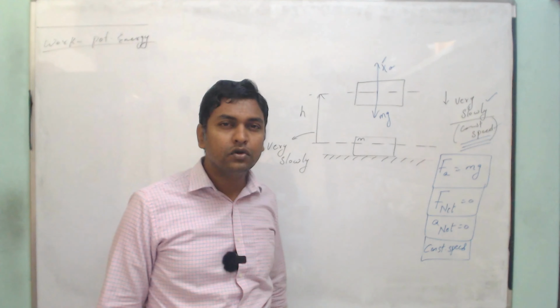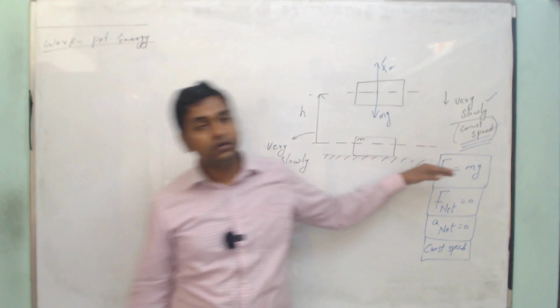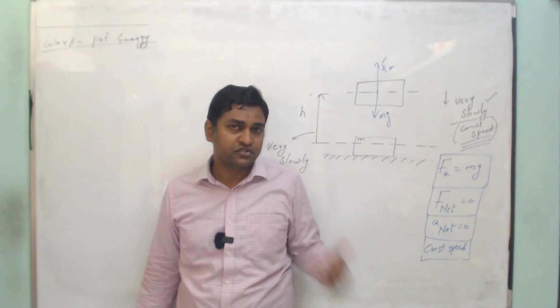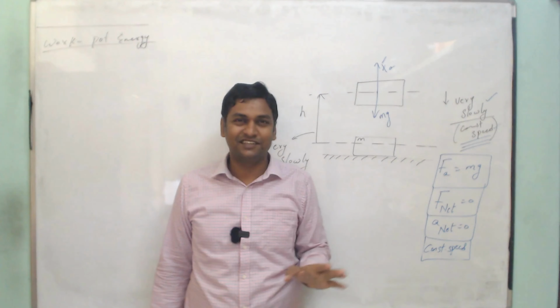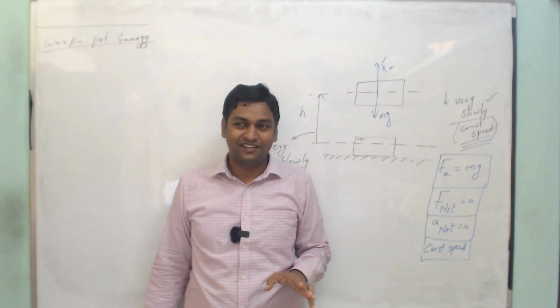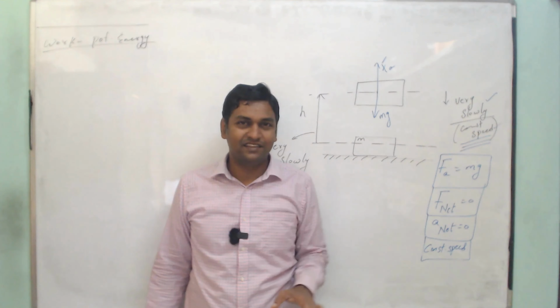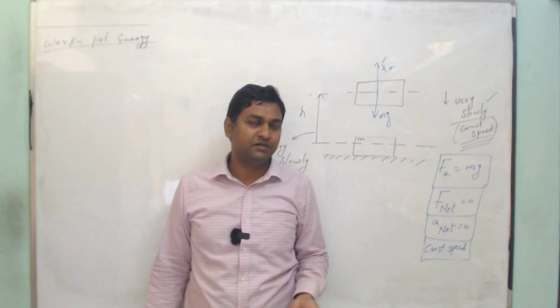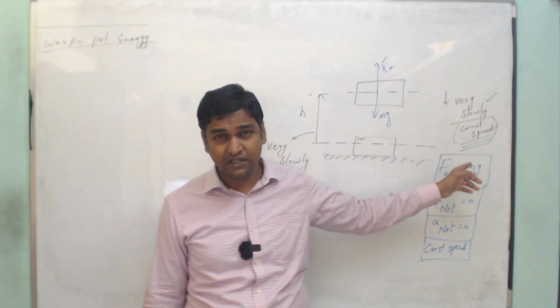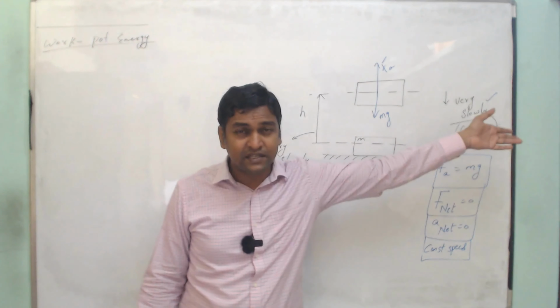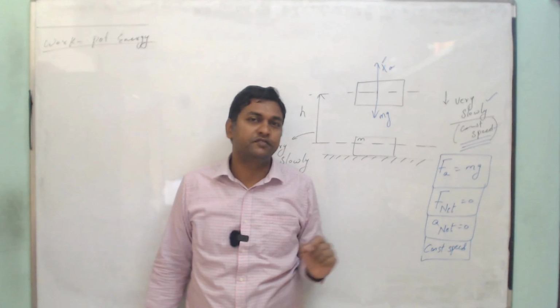Now, while coming down, the block is actually coming down because it has some kind of kinetic energy. Yes, sir, but it's negligible. It is negligible, but the motion is occurring because of speed or velocity, and that is basically representing the kinetic energy part of it.